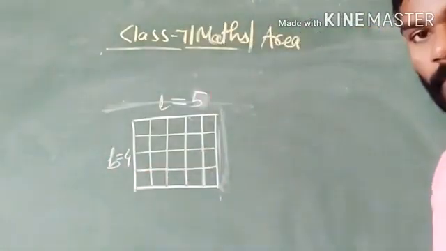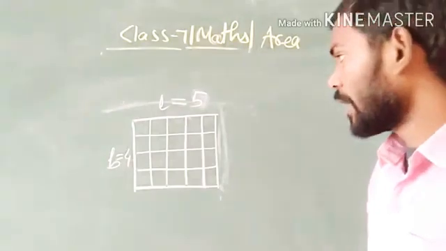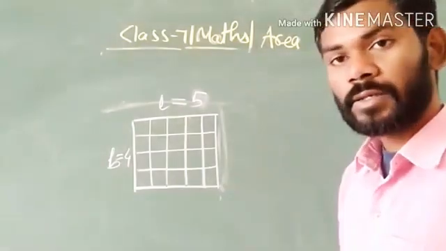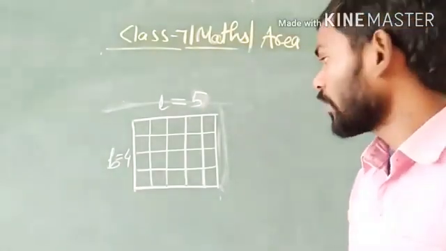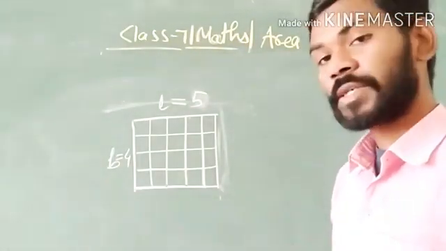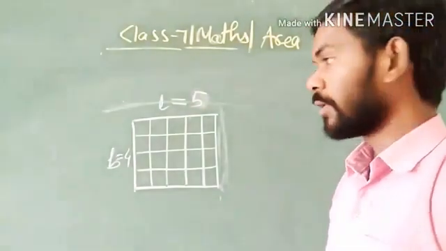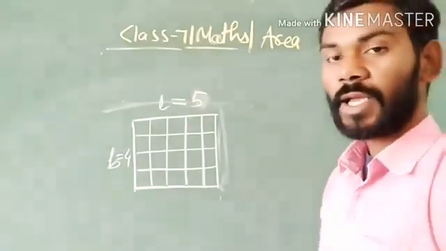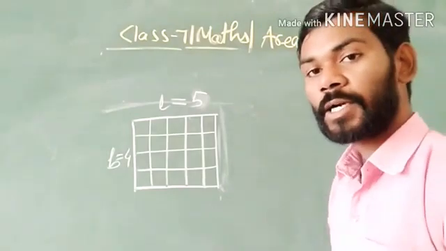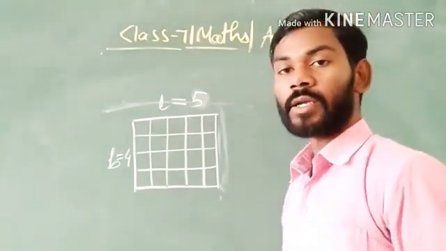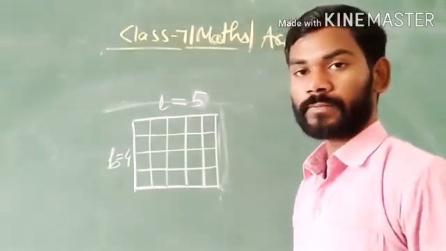So in this way we have divided the length and width according to their given magnitudes. That is, the length has been divided into 5 equal parts and the width is divided into 4 equal parts.